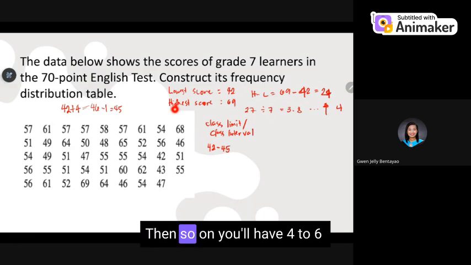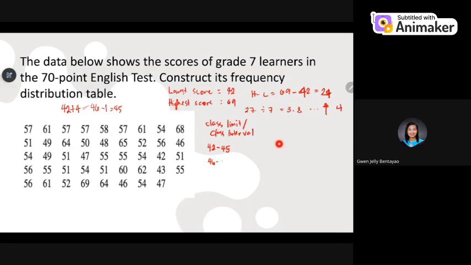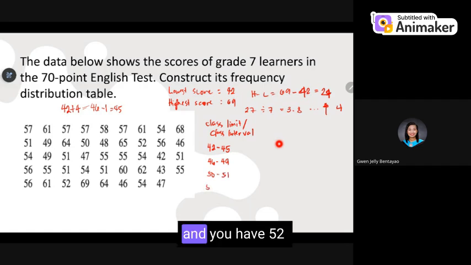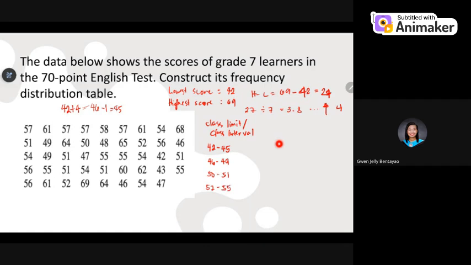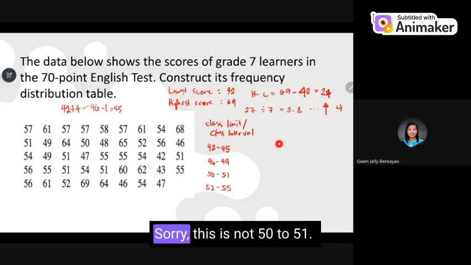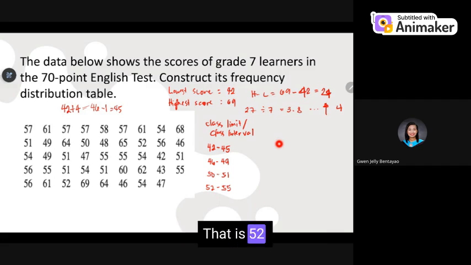Then so on. You'll have 46 to 49. Then you have 50 to 51. And then you'll have 52 to 55. Sorry, this is not 50 to 51. That is 50 to 53.